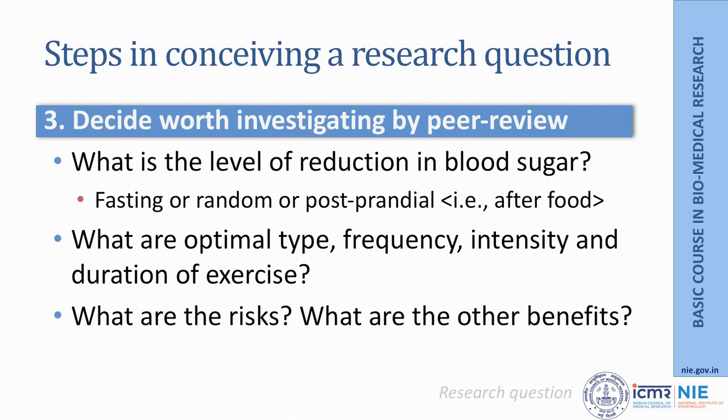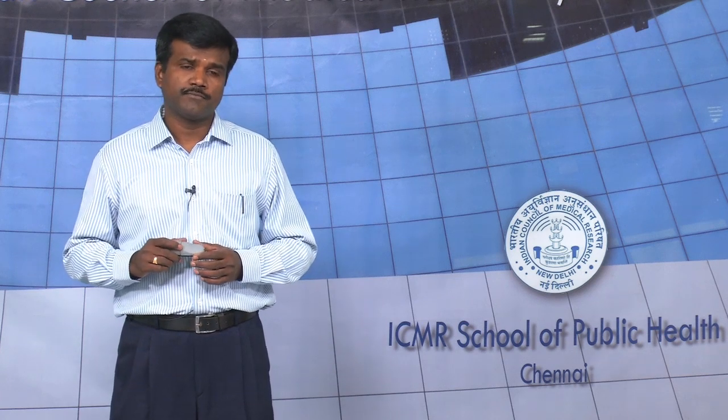Is it blood sugar level after you do not eat at all, or any time during the day, that is called random, or after a meal, that is called postprandial? So, which type of blood sugar gets reduced? Which of these 3 types of blood sugar gets reduced?